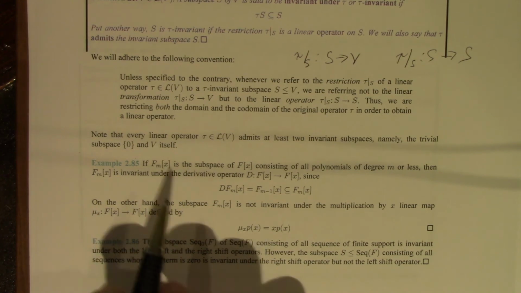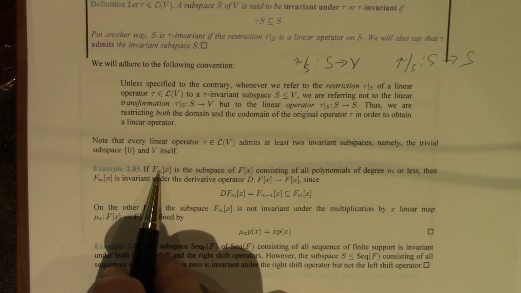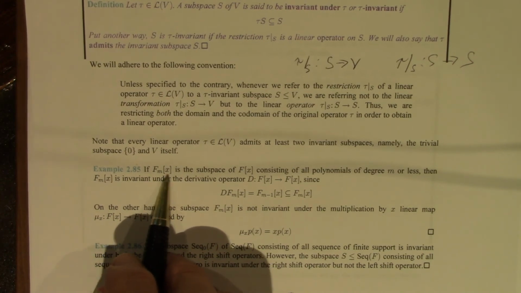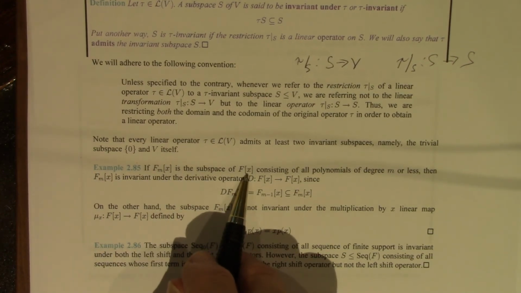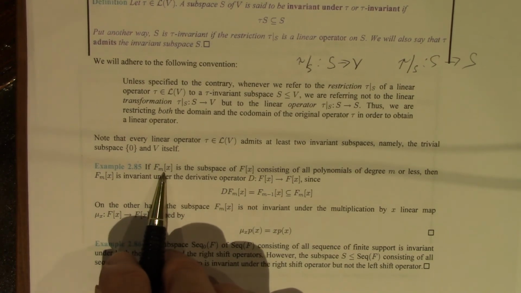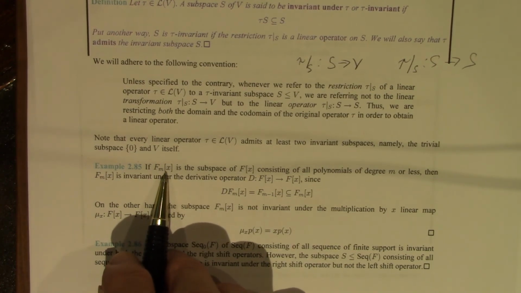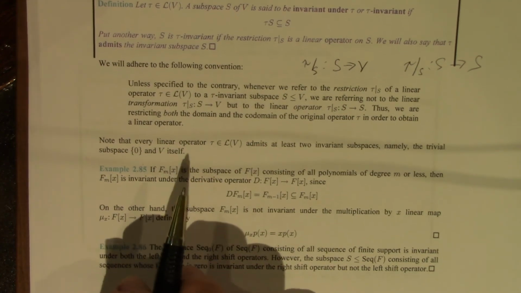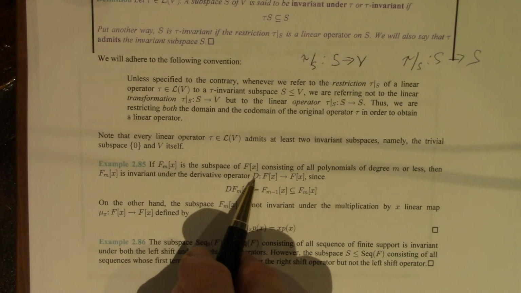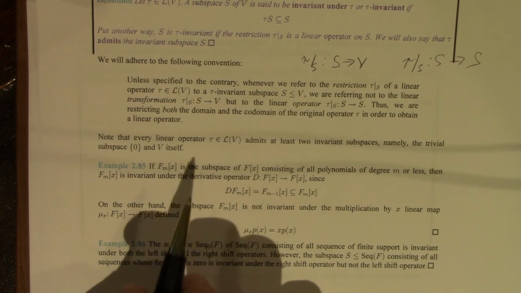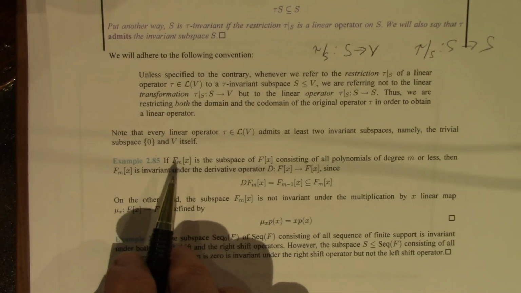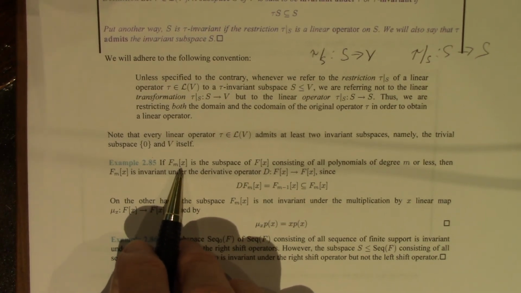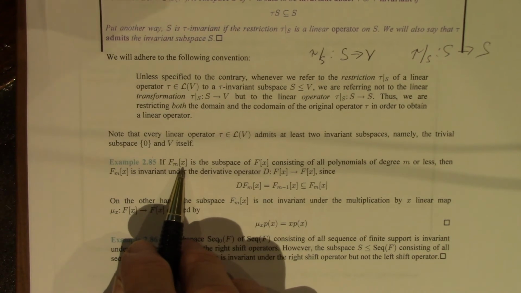Here's a couple of examples. F sub m square bracket x, this is the subspace of the polynomial space consisting of the polynomials of degree m or less. This subspace is invariant under the derivative operator, because if we take the derivative of a polynomial of degree m or less, the result is a polynomial of degree m or less.